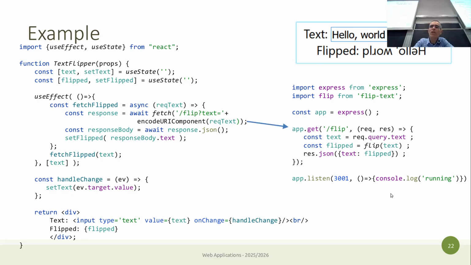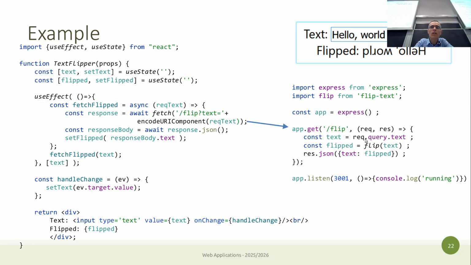Okay, that's the server. Very simple server, right? Express, flip, import app express, listen 3001, /flip, app.get. So we issue a GET request, that is the default HTTP method for fetch, /flip GET req.